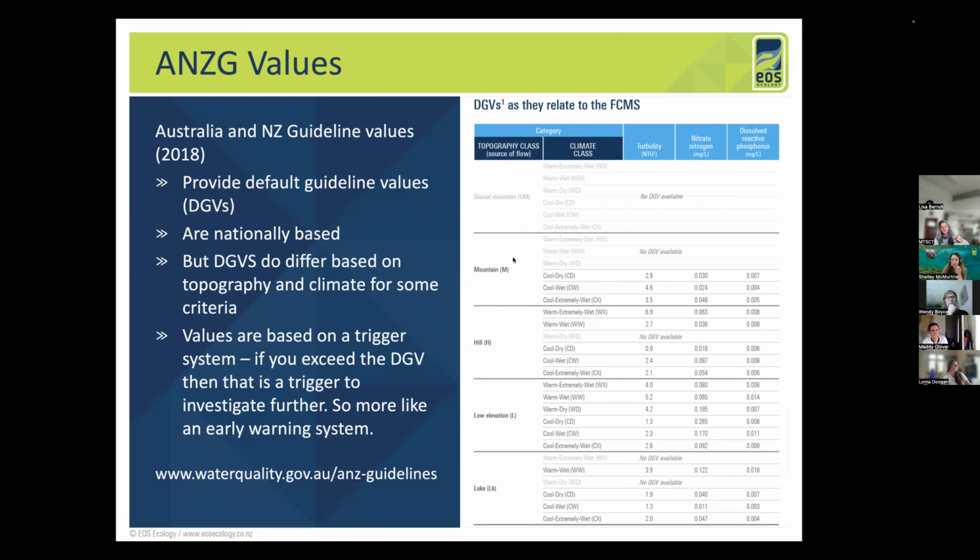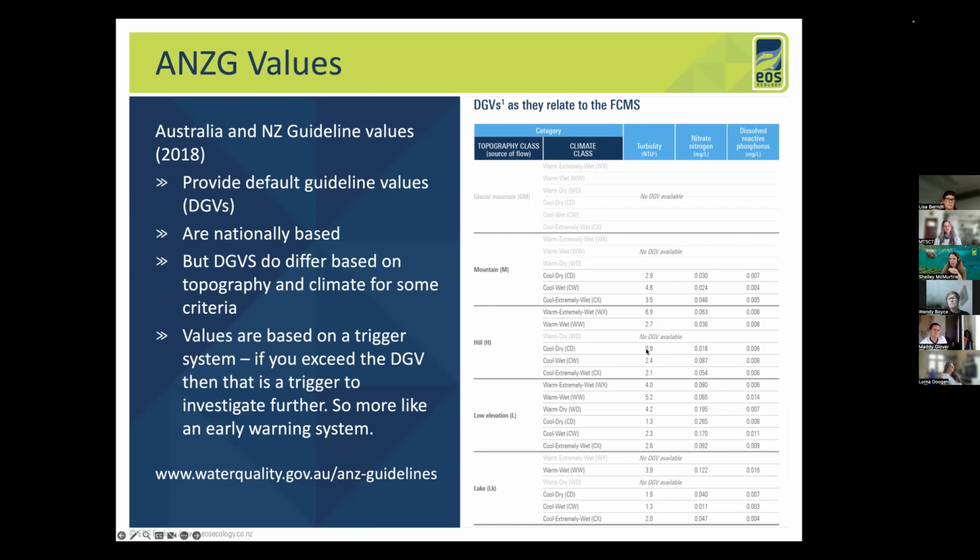So if you've got mountain topography and the cool climates, then your guideline values for some of these things, when you're looking at turbidity, are quite a lot higher than they are for the equivalent climate within a hill category.